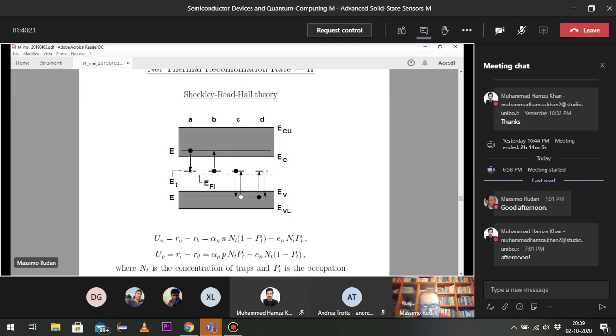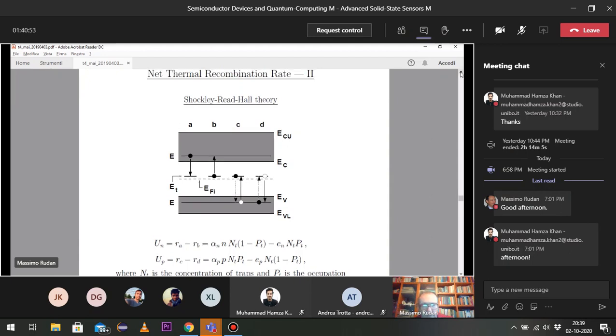Because when populated, they are negative. And the fourth population is that of the donor traps that we consider as populated with holes, because when they are ionized, they are positive, okay? So just for a moment, we shall write not two continuity equations, but four continuity equations, and then we shall simplify them almost immediately, okay?